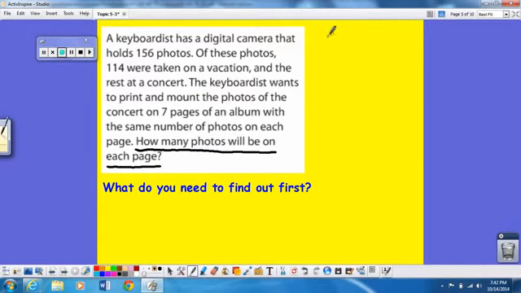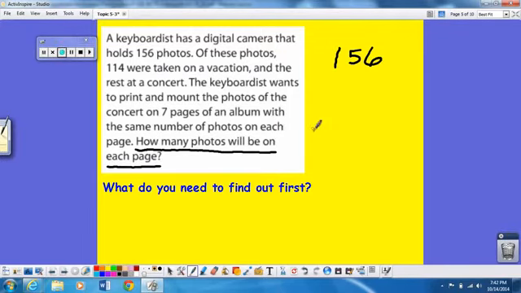Now let's go look at what we know. I know that a keyboardist has a digital camera with 156 photos. It told me of these photos, 114 were taken on a vacation and the rest at a concert. The keyboardist only wants to print and mount the photos of the concert.